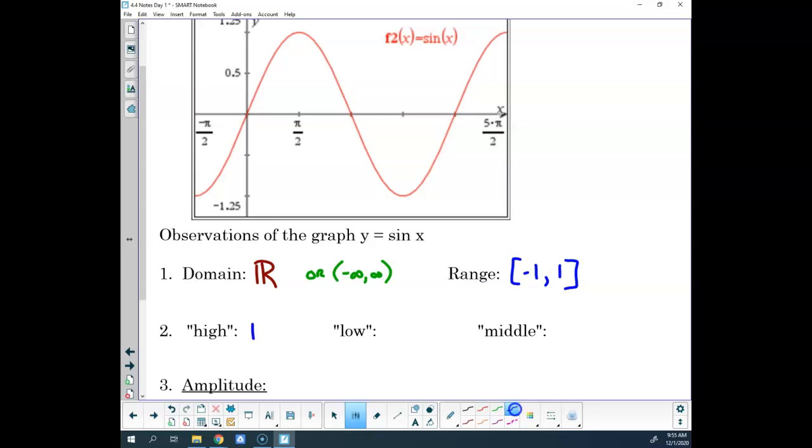The lowest that my function could get would be -1. What's in the middle of those two numbers? 0. So the middle of my function would be the average of those two numbers. So that would be 0.